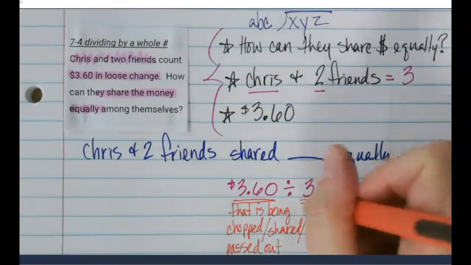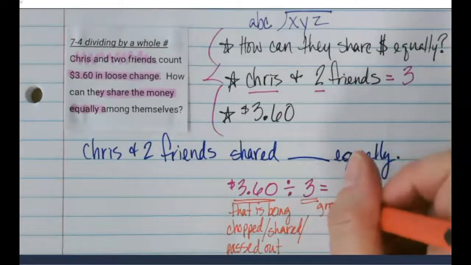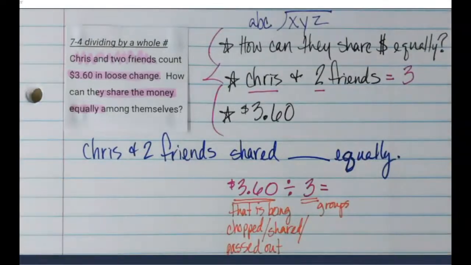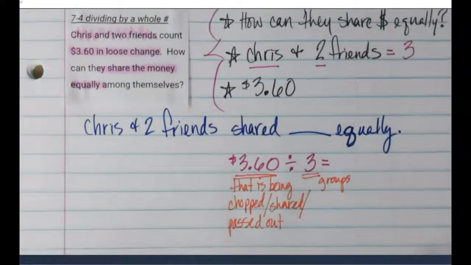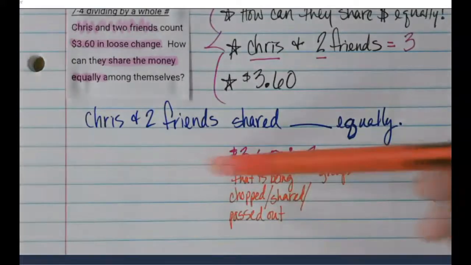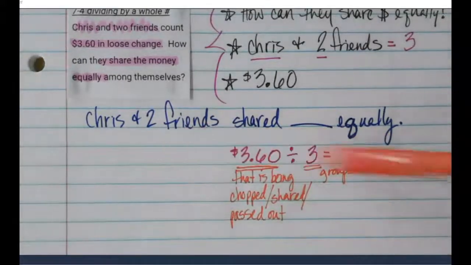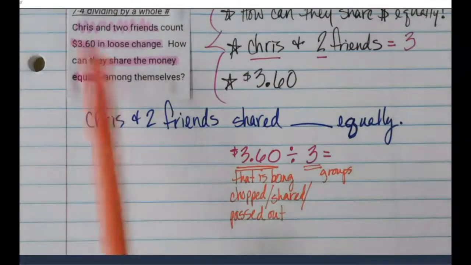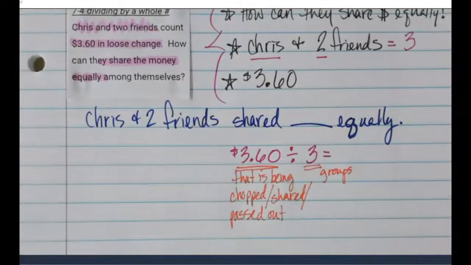And then this one is the groups it's being put out into, chopped into, shared into, passed out into. So if you understand how this works horizontally and understand the word problem, then you can set up the division house and do the actual correct math.